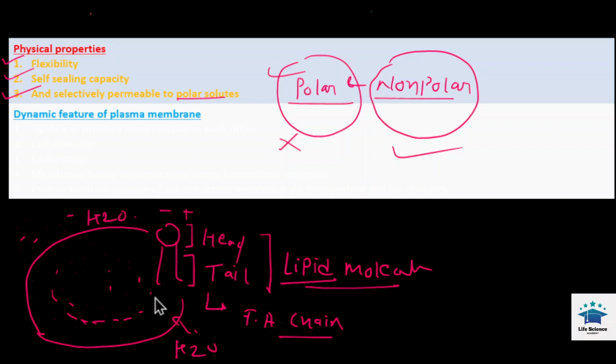Polar molecules have some partial charges present, due to the presence of hydrogen and oxygen, and a non-polar molecule is not charged.